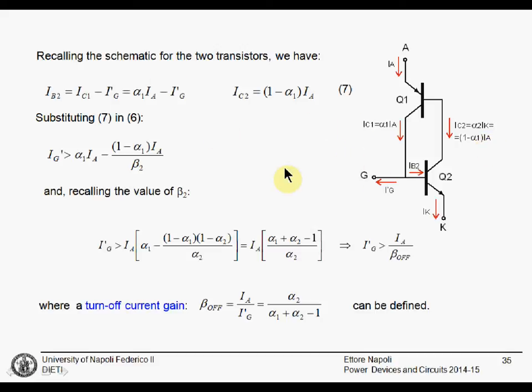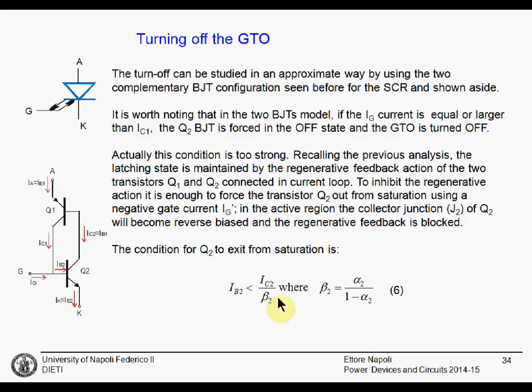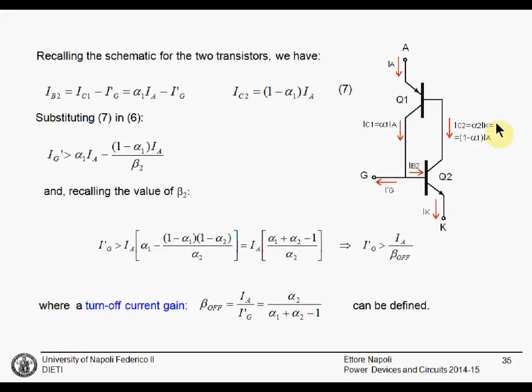For the base current of the Q2 transistor that we want to have smaller than this value, we can write that it is IC1 minus the gate current, also equal to alpha 1 multiplied by the anode current minus Ig. Instead of using the anode current, we can also use this equation that tells us that IC2 is equal to 1 minus alpha 1 multiplied by IA.